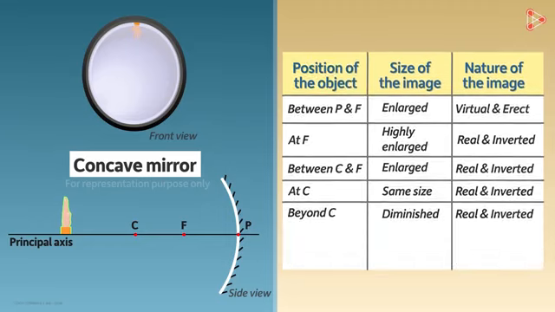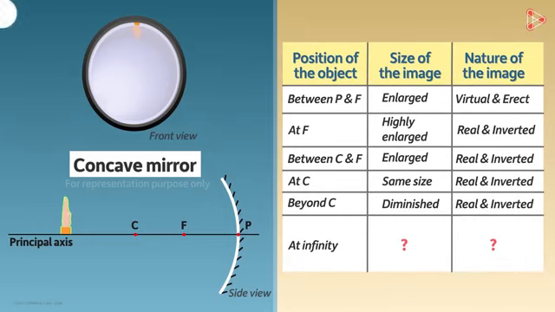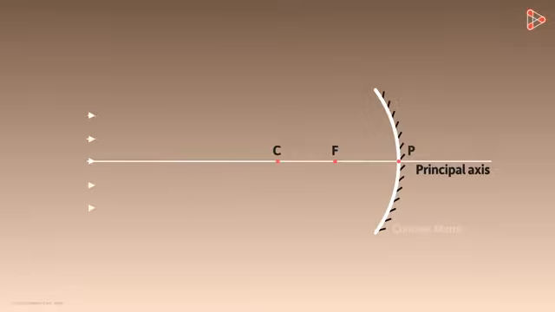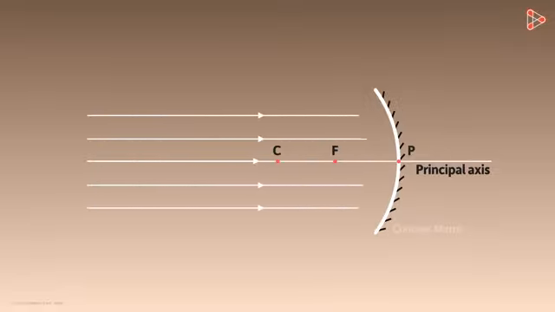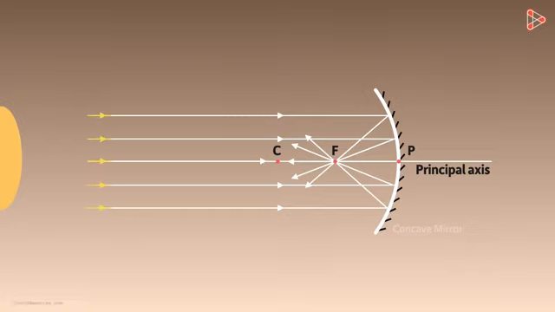What if the object is placed at infinity? Well, if you remember, in our previous video, we saw that the rays of light parallel to each other as well as to the principal axis will converge at the focal point. And in that example, our object was the sun. Sun is at a very large distance away from the Earth, and hence we consider the rays of light from it reaching the surface of the Earth to be almost parallel.